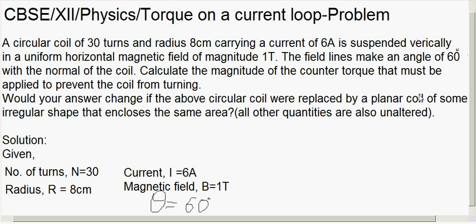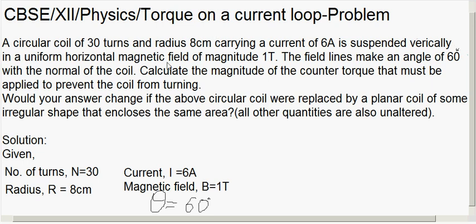The counter torque which we are applying must be equal in magnitude to the torque which the coil experiences. Therefore if we find the torque on the coil, we have to apply a counter torque with the same magnitude.